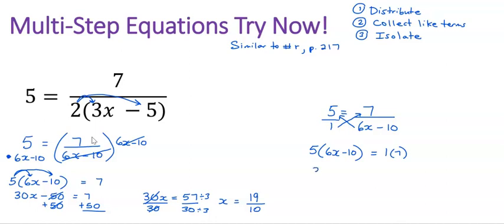And so we still need to do the distributing step and everything else, but just visually, that might help you to set it up kind of in a proportion. And we're still going to solve everything the same. We're still going to end up with 19 over 10.